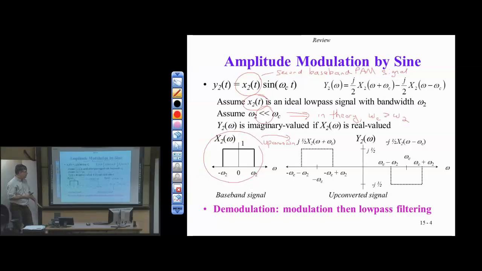Seen that many times before. Omega minus omega c means shift to the right, and omega plus omega c is shift to the left. We still scale by a half. What has changed is we get the scaling by j, minus j and j. So now suddenly we have imaginary valued amplitudes in the Fourier domain.